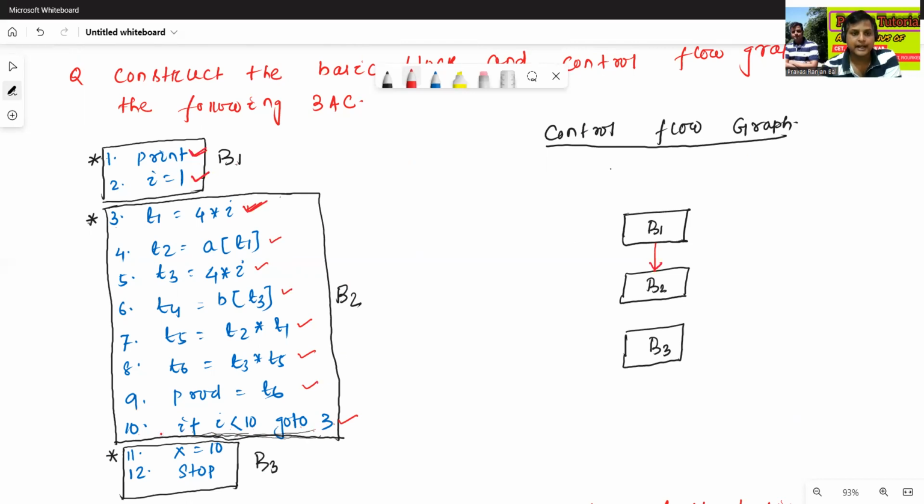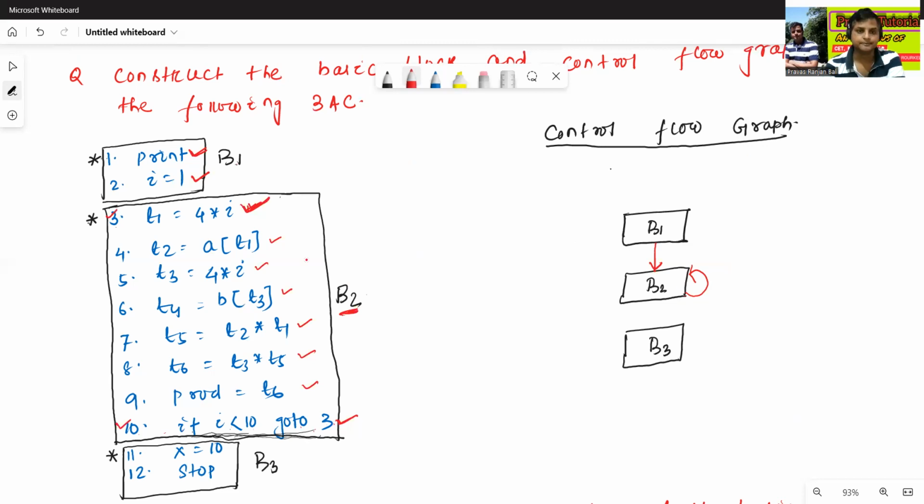So from line number 10 we can directly go to line number 3. That means we will draw one more edge from B2 to B2. Line number 10 is present in which block? B2. Line number 3 is present in which block? B2. So that's why B2 to B2 is a self loop, or one more edge.